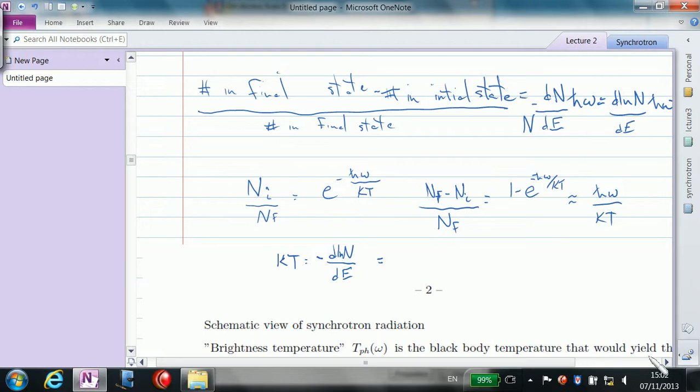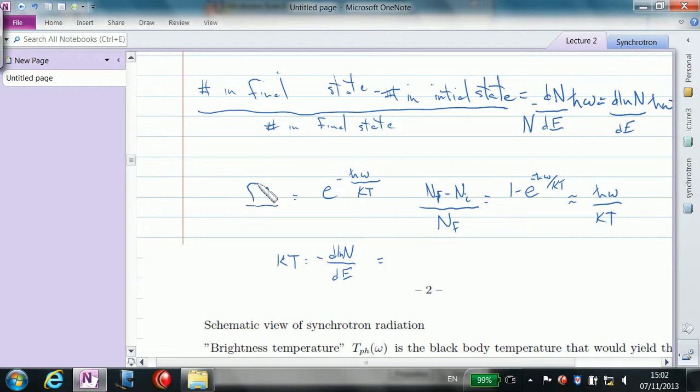I'll get to the degeneracy in a minute. But this is just two states. So really, I'm sorry, I should talk about phase space density.